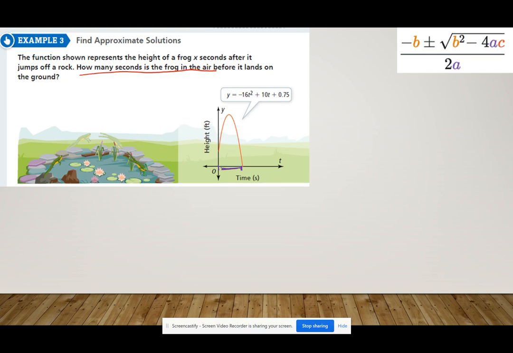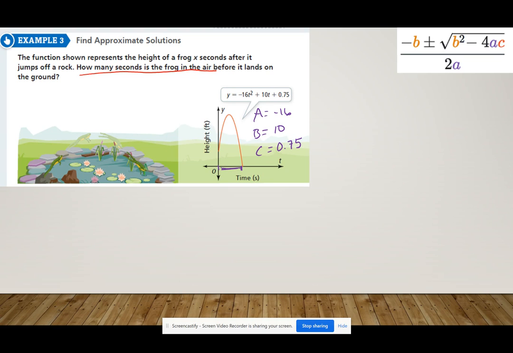So they give us the equation. We're going to use the equation to plug into our quadratic formula. In this case, A equals negative 16, B equals 10, and C equals 0.075. Okay, so don't be scared. These ones could give us some big numbers, and it's okay.